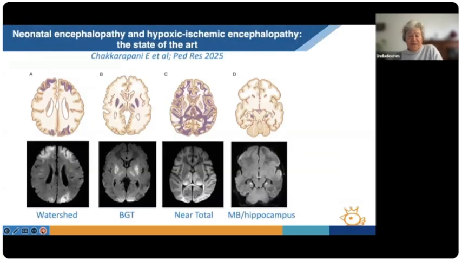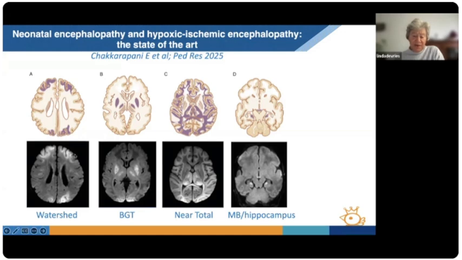This is a nice image which comes from a paper that we recently published in Pediatric Research. And here we see the main patterns of injury in drawings and on the diffusion, in a baby with HIE. So on the left, we see a typical example of the watershed type of injury. I'm showing you diffusion imaging because the abnormalities are most easily detected with diffusion.